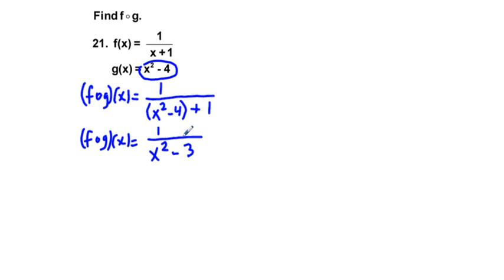So what we need to know is that x squared minus 3 cannot equal 0. So if we add 3 to both sides of this inequality, we get x squared cannot equal 3.